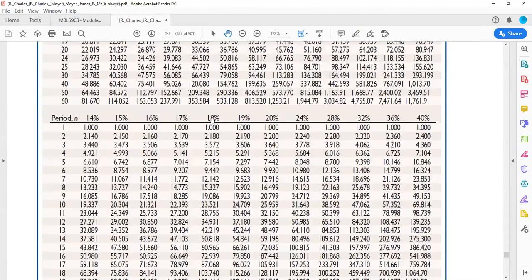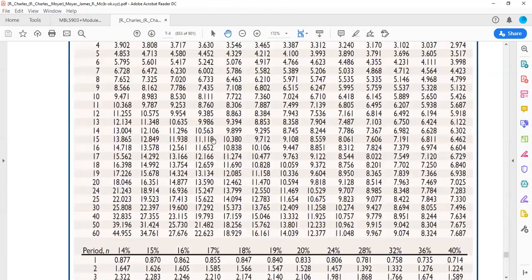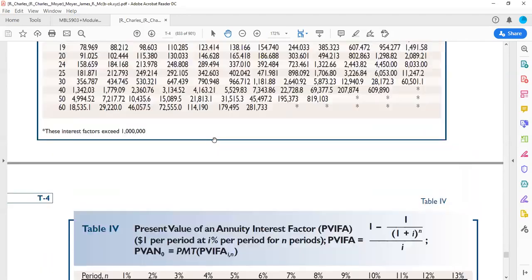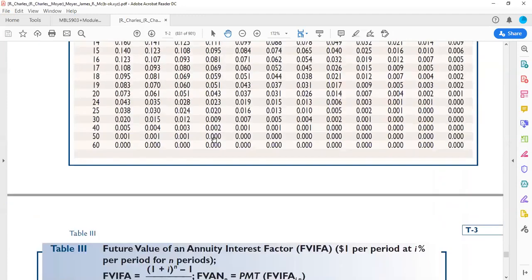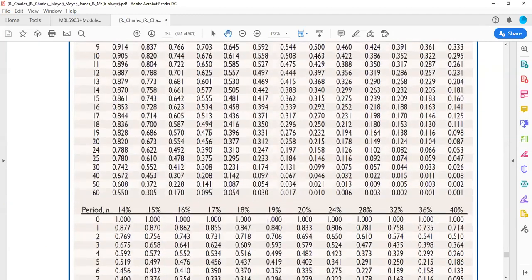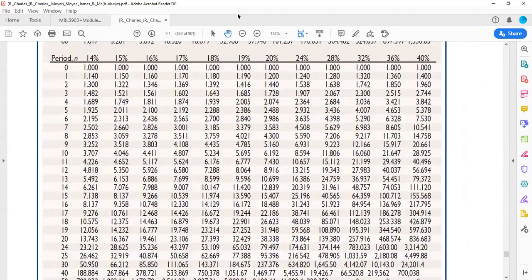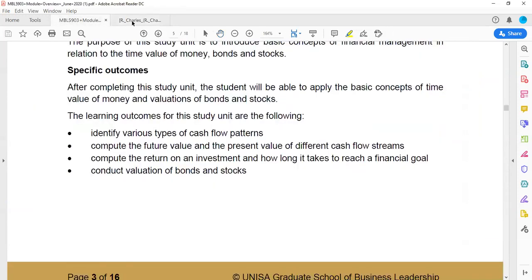I'm going to take you through all of those definitions, about what we mean by present values, future values, and so forth. I'll also be referring to tables occasionally, but the main means by which we will be going through this module is using our financial calculators.